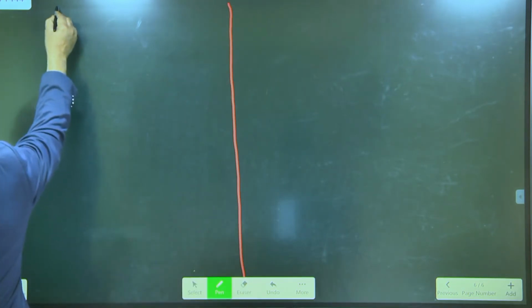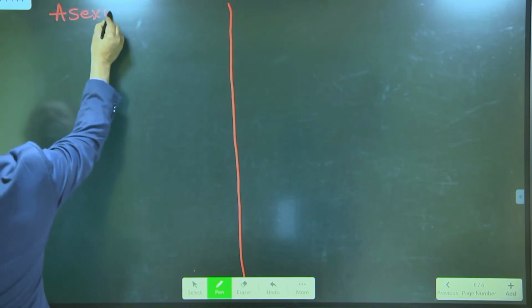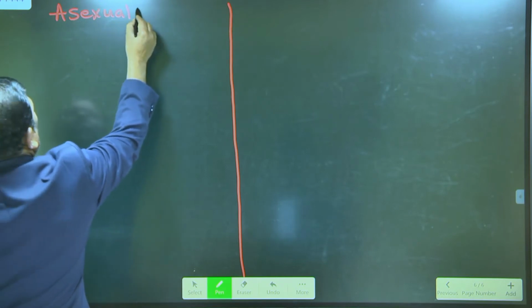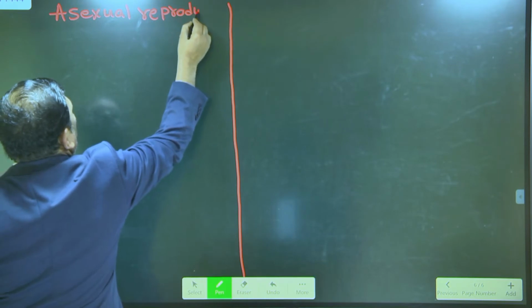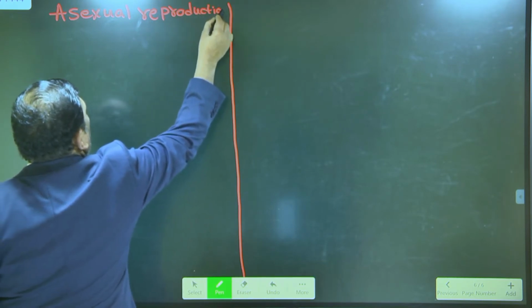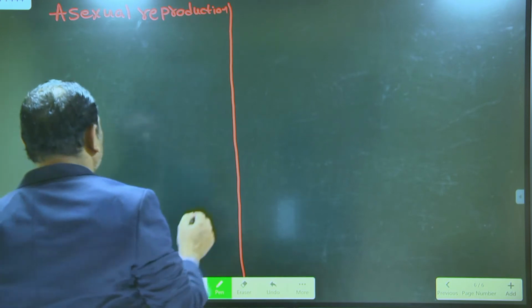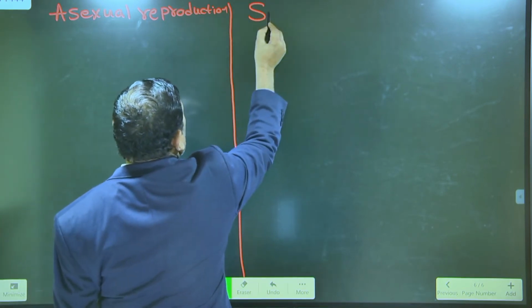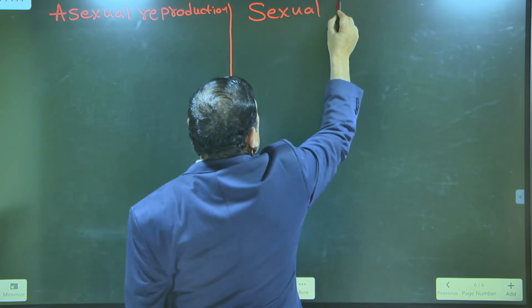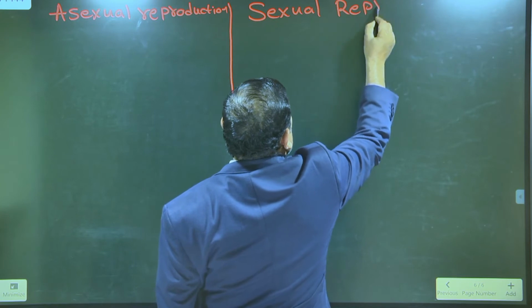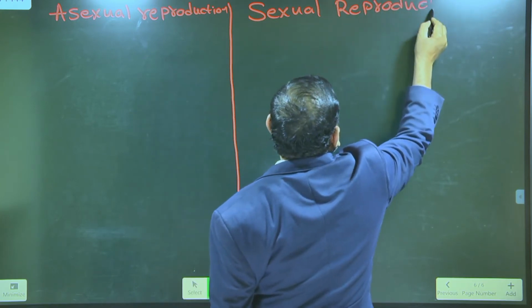So this is asexual reproduction. This is sexual reproduction.